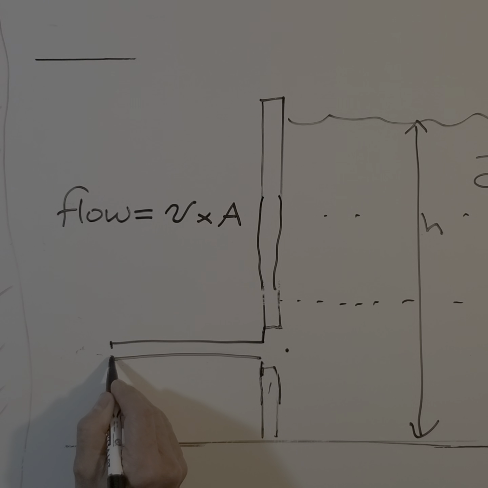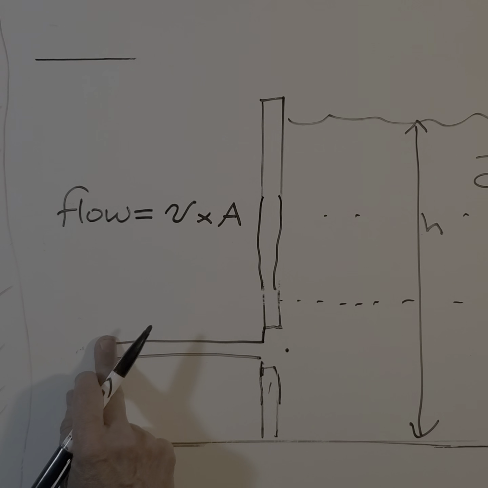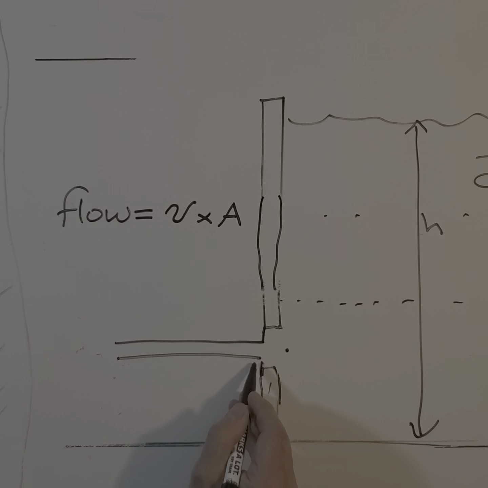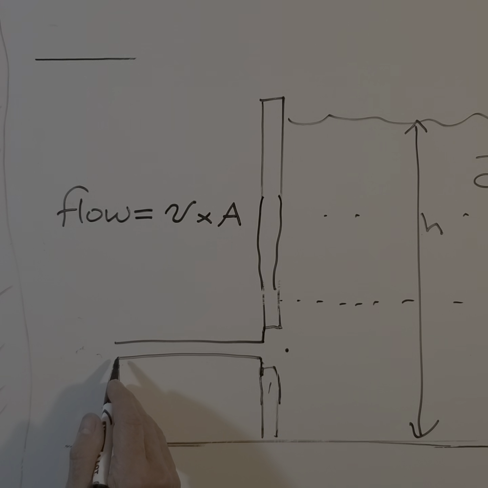Well, let's make that a little bit wider. What happens now? The flow is greater. Let's remove it completely and have simply the pipe opening. What's the velocity now? It's much less.